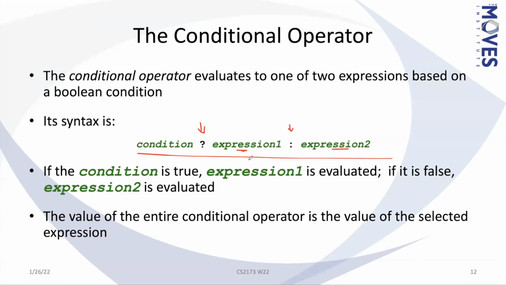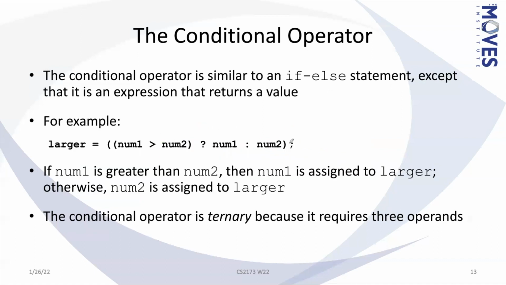So the value of the whole thing is whichever of these two expressions is formed. So it's just a shorthand way of representing this. And again, it's a bit of syntactic sugar. However, in many circumstances, it conveys the intent a lot cleaner.